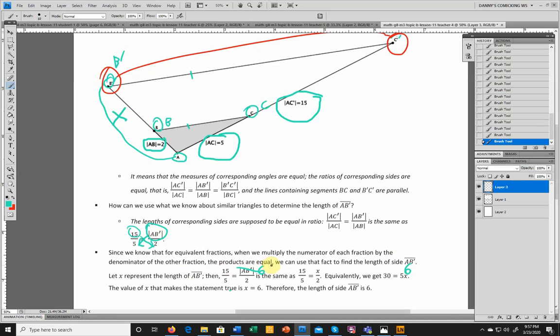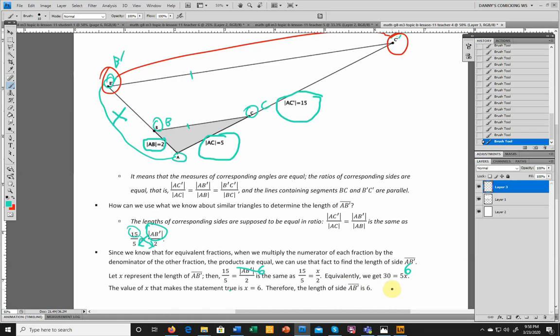The products are equal, so we can use that fact to find the length of AB prime. Let x represent AB prime. So 15 over 5 equals AB prime over 2 is the same as 15 over 5 equals x over 2. Eventually we get 30 equals 5x. So AB prime equals 6.